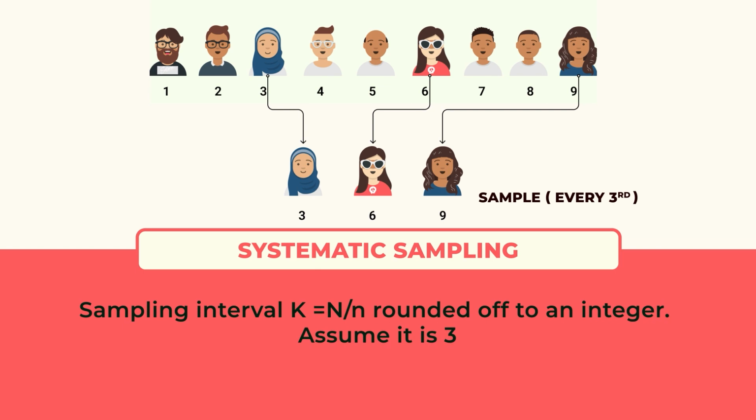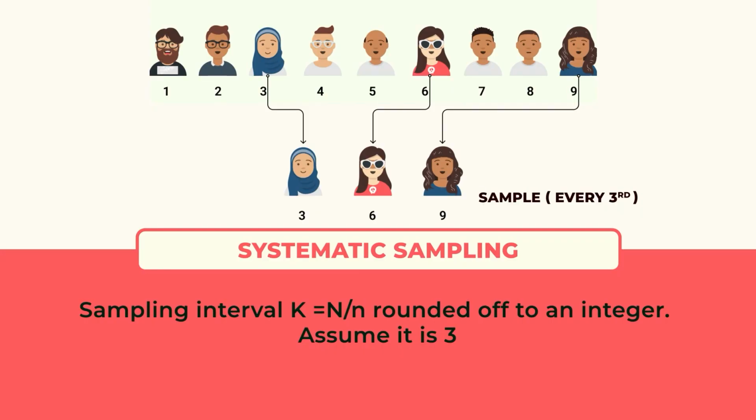Then we decide upon a sampling interval, which is a ratio of the size of the population to the size of the sample. K is your sampling interval: you take the total population size and divide it by the total desired sample size, and we get a figure which is the sampling interval.